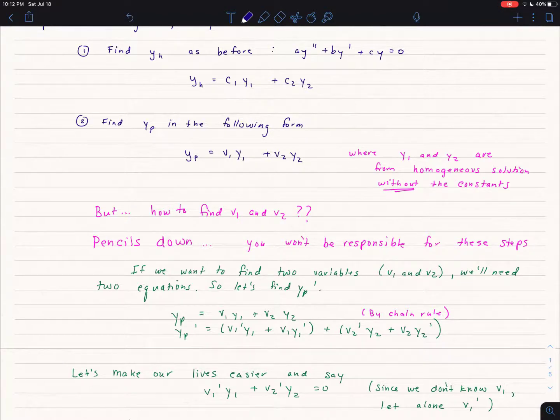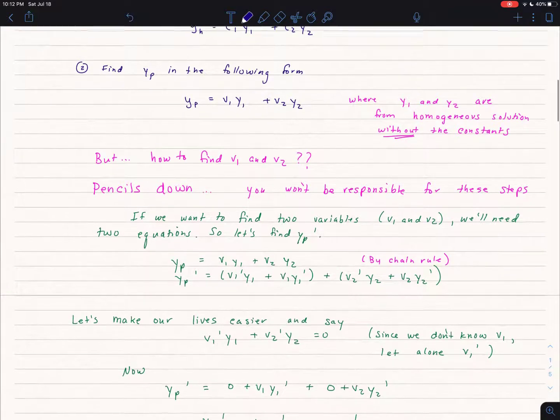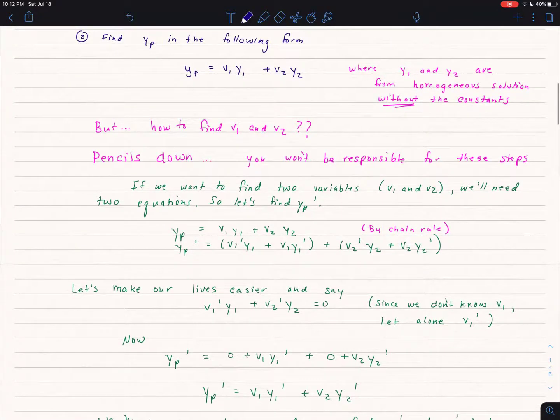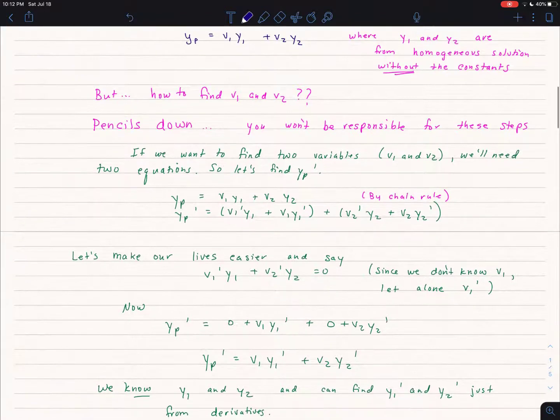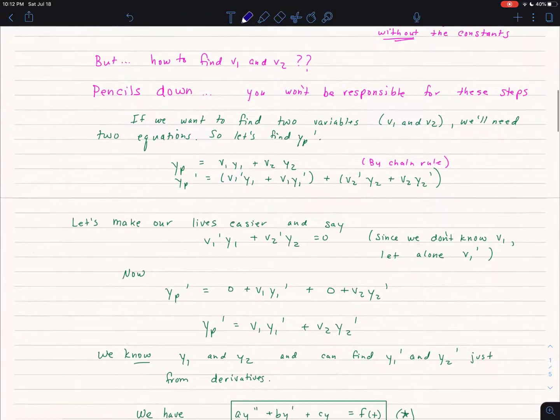Since again, I don't know v1 and v2, let alone v1 prime and v2 prime. So that means my y prime is now equal to v1 y1 prime plus v2 y2 prime. And I know I can find y1 prime and y2 prime because I know y1 and y2, and I can just take the derivatives.